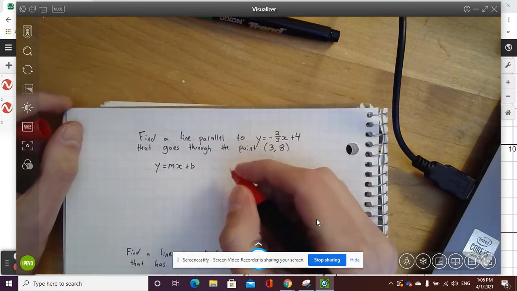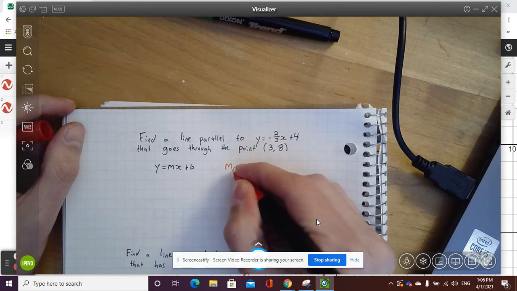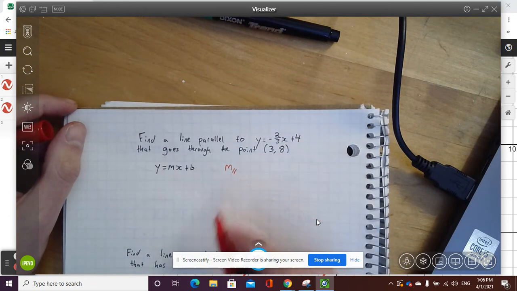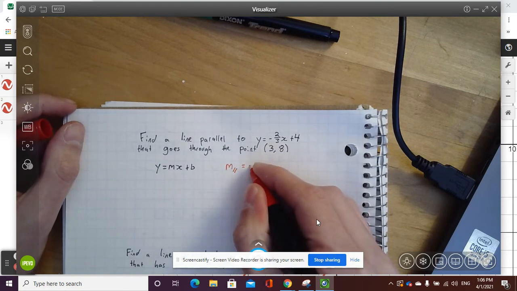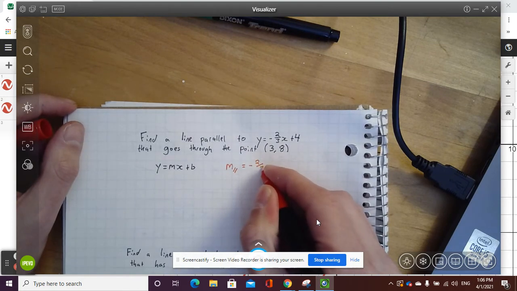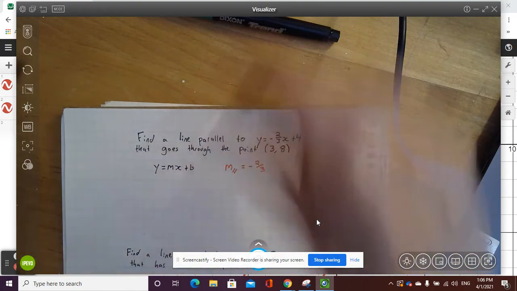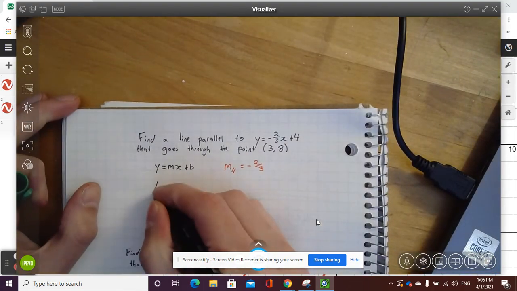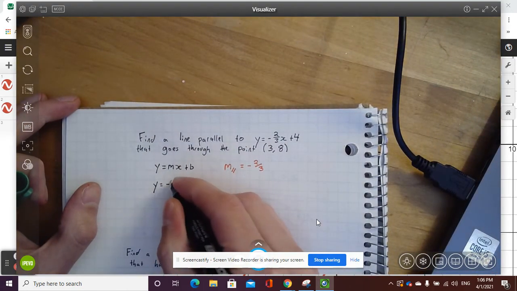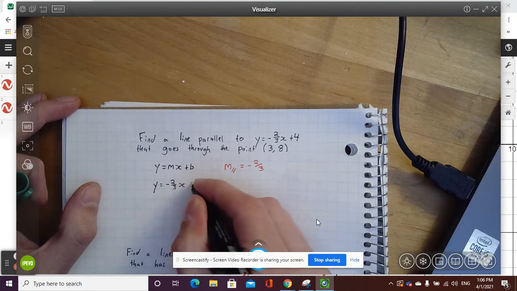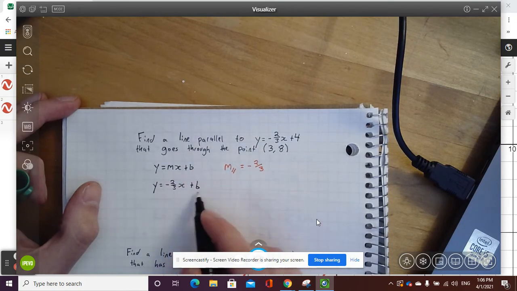So I know that its slope, and we can say m parallel, so I'm using these two parallel lines just to label that the parallel slope has to be the exact same. So my slope is going to be -2/3. I can plug that in for m, so I'm going to have y equals -2/3 x plus b. We still need to know our value for b.